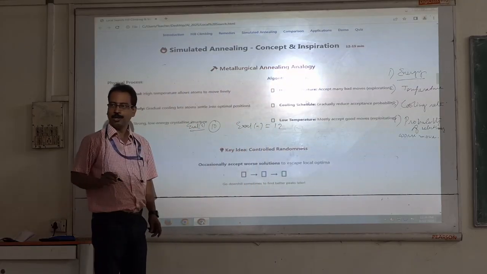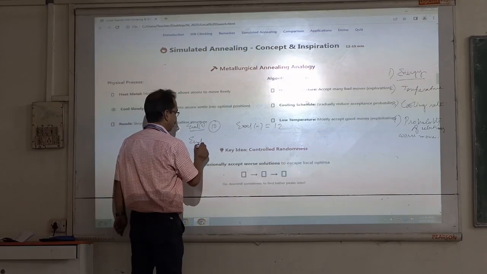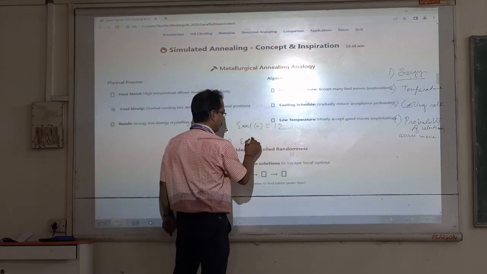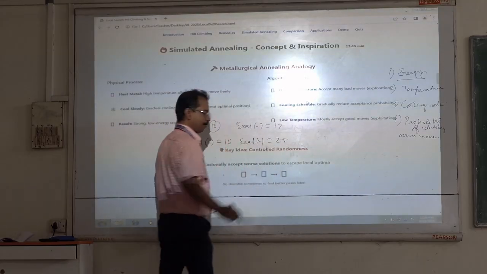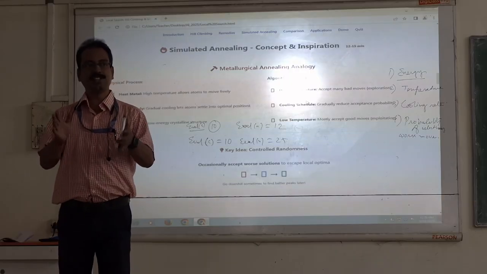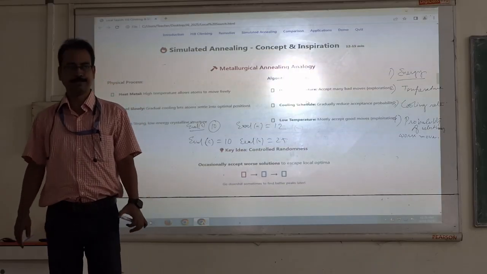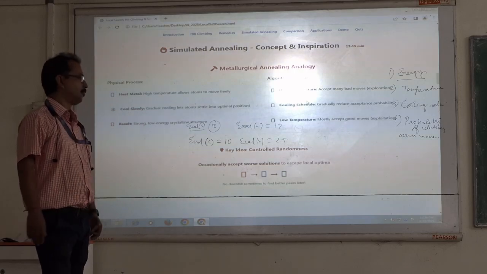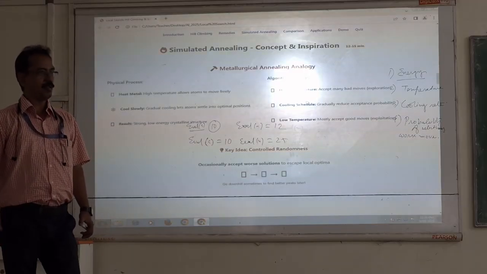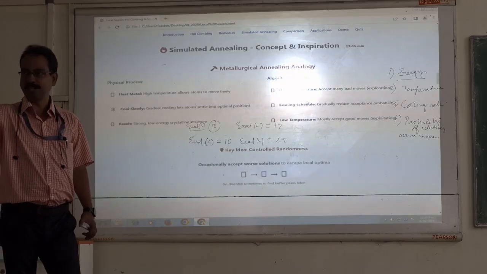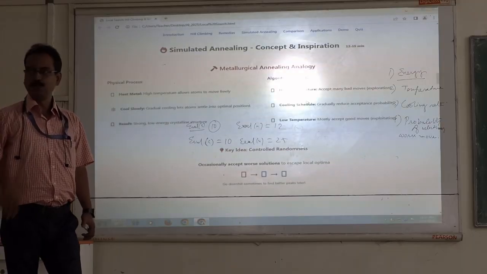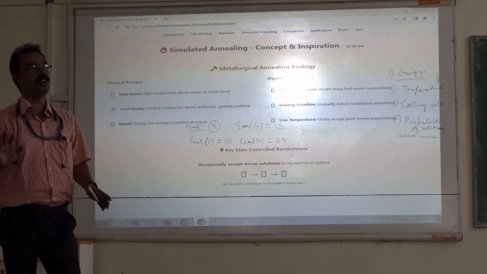This is one scenario, and in another eval C is 10 and eval N is 25. Where is the energy difference high, first case or second case? Second case, because a lot of energy has to be compromised to make the move. Do you agree with me or not?